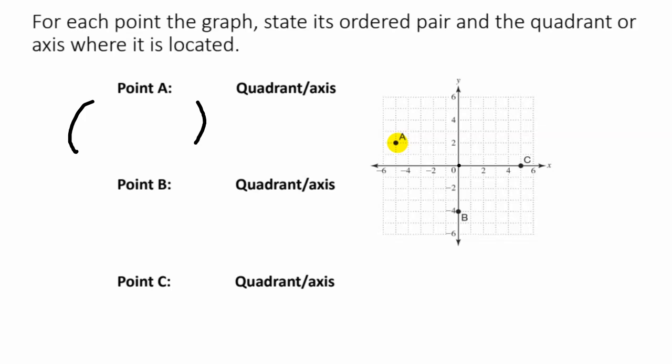Well, remember, I have to go horizontally first. Well, I am going -5 first. And then I am going up 2. And just like my example, this ordered pair is in quadrant 2.